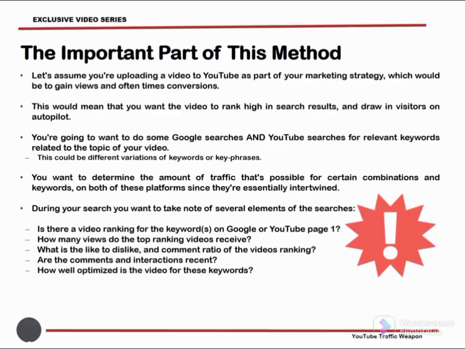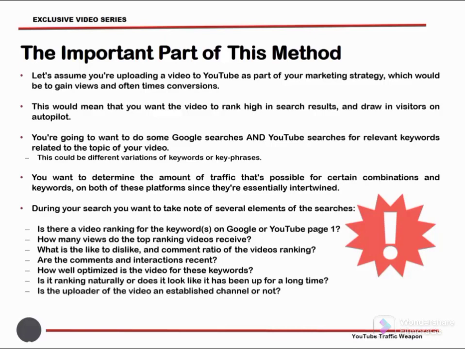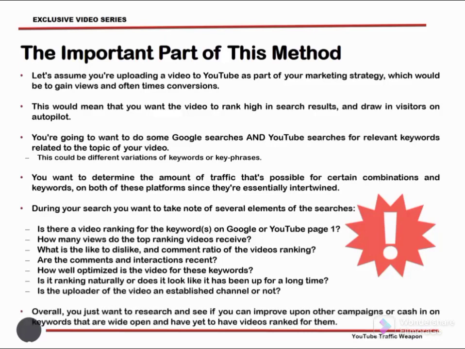Is it ranking naturally or does it look like it has been up for a long time? Is the uploader of the video an established channel or not? All of these factors will help you determine if a keyword or set of keywords is worth your time. Overall, you just want to research and see if you can improve upon other campaigns or cash in on keywords that are wide open and have yet to have videos ranked for them.